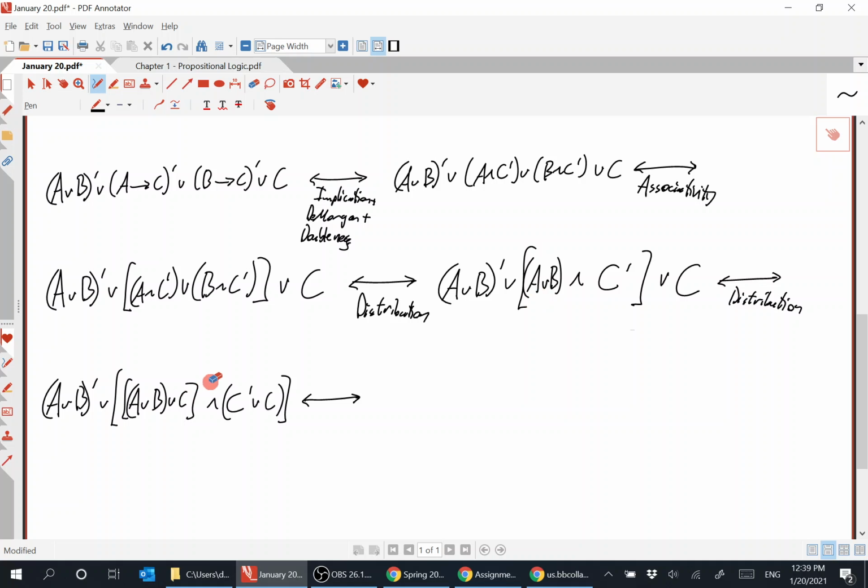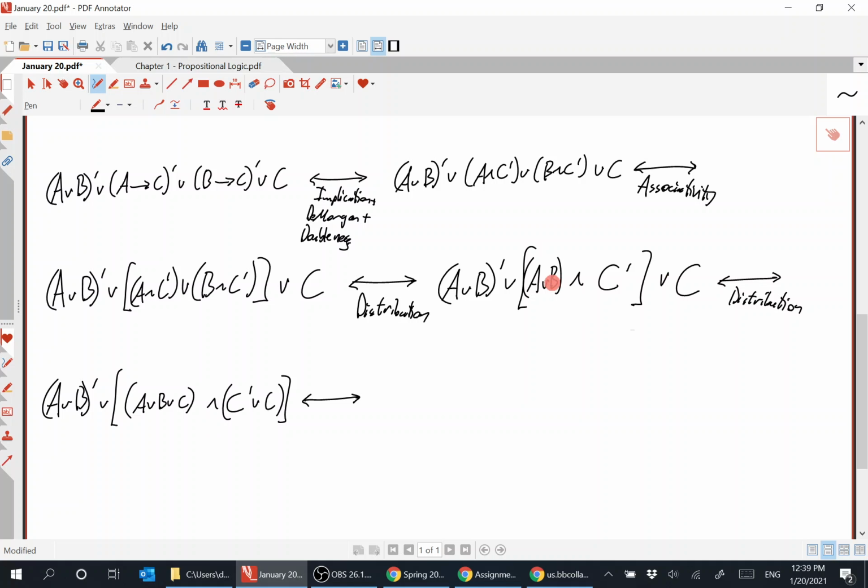Now you've got to be really careful about not mixing the ands and the ors together. This is a conjunction right here, right?